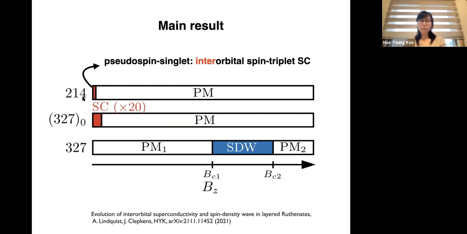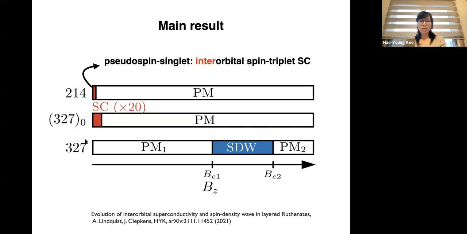If I take a 214 and just stack one over the other to make the ideal bilayer, this particular inter-orbital spin triplet is not destroyed. It is in fact enhanced due to the bilayer, and the superconductivity here is going to be even stronger. That means that as a function of field, here the magnetic field along the z-axis, this superconductivity is going to stay even longer than in the single layer 214.